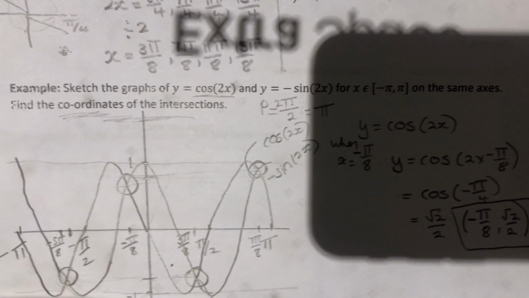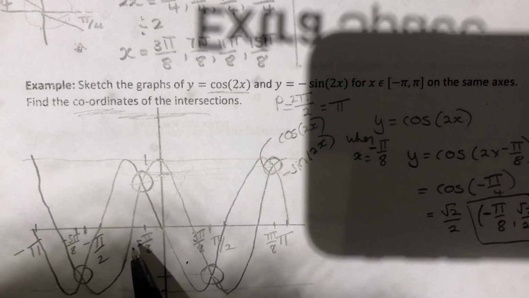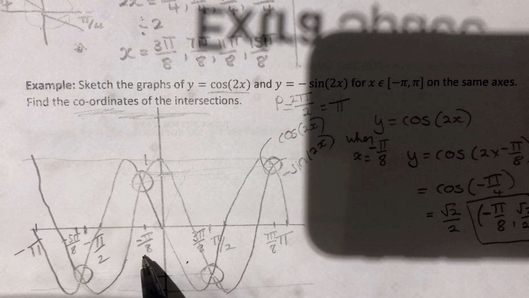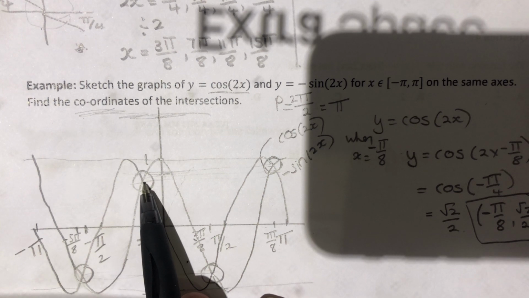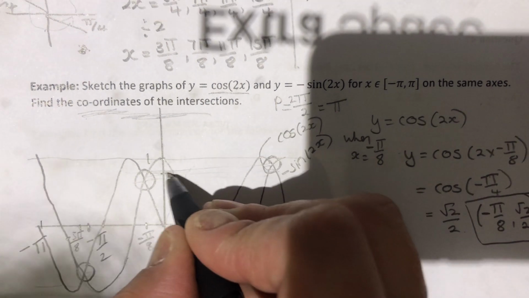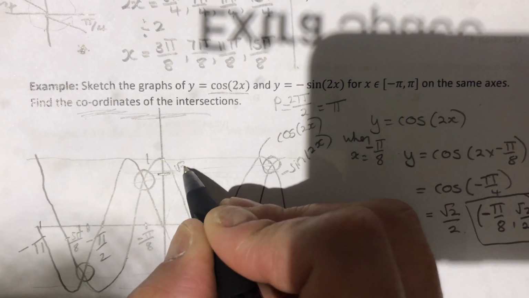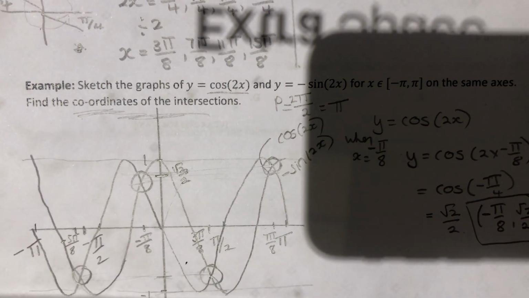So let's go back and have a look at the graph at negative pi on 8. Could that be root 2 on 2? Yes, in fact, it could. So we're going to fill that in here, root 2 on 2.